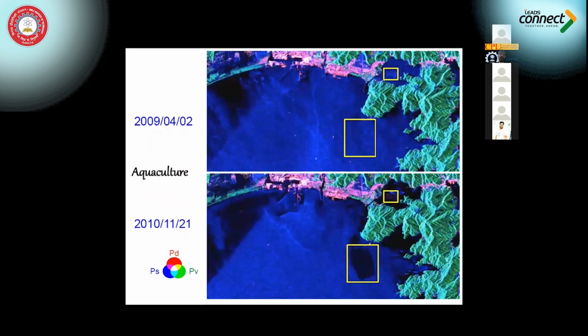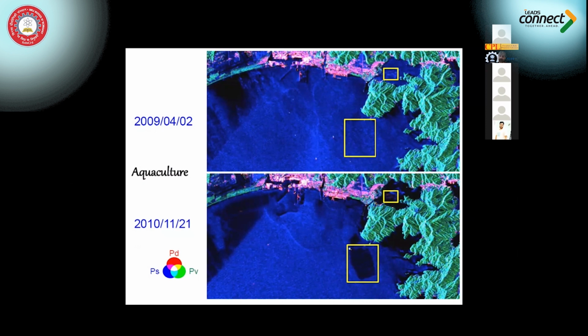Another important thing, aquaculture. Okay, a lot of aquaculture is happening in the eastern countries, and you can also monitor it based on the scattering change phenomena. Here you can look at it, it's not significant, just an aquaculture site here, but when the structures are well established, it's showing a very specular reflection of the radar energy, or incident energy, going away from the sensor.